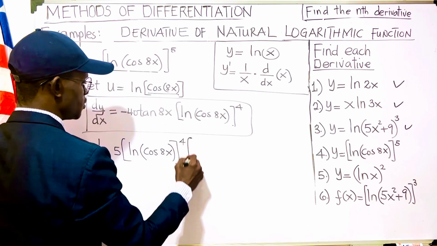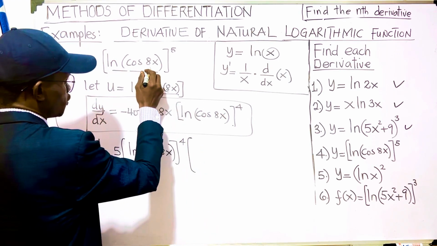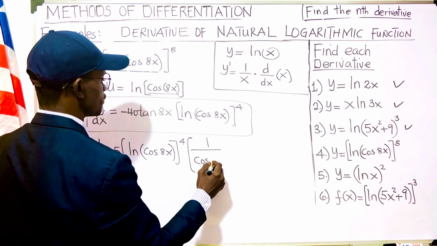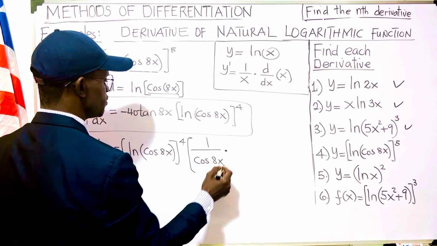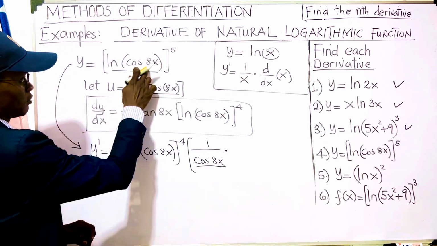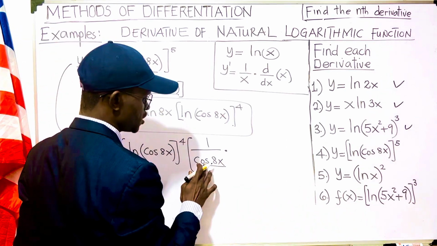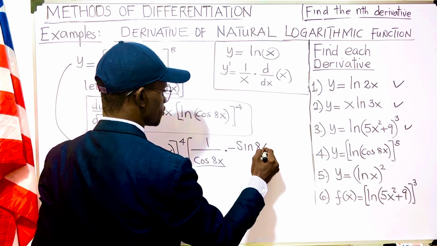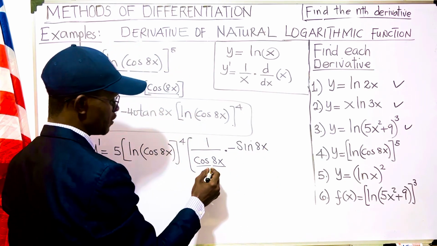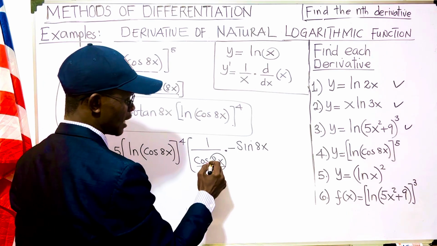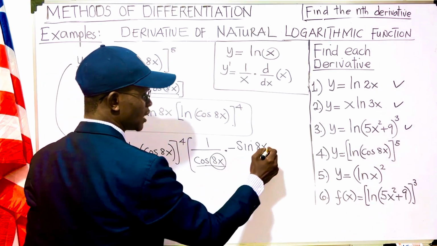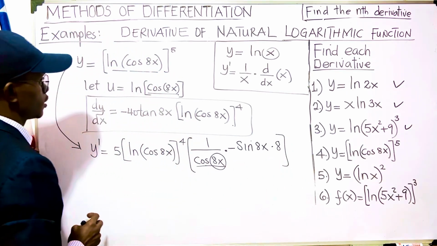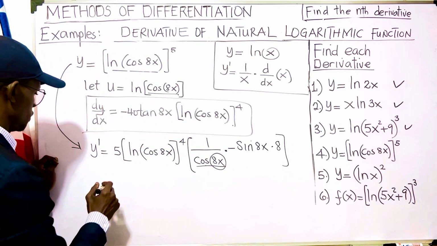The derivative of ln of cos of 8x is 1 all over cos of 8x times the derivative of cos of 8x. We differentiate cos, we get negative sine of 8x. And we know that when we differentiate a trig function, we must differentiate the angle. So the derivative of this angle gives us 8. Now we just simplify.